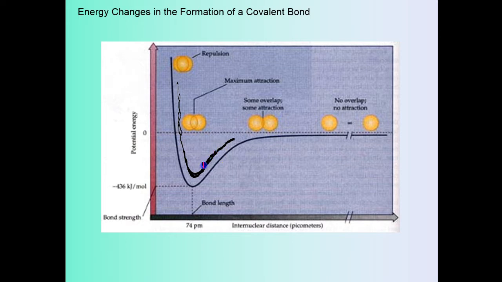They're going to start attracting, and they're going to go back and forth until the repulsion and attraction balance out, and the complete octet has been achieved at the lowest potential energy. Once we reach that lowest potential energy and those electrons are shared between the two atoms, that distance at the lowest potential energy is the bond length between the two atoms.